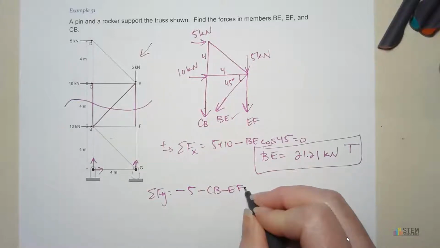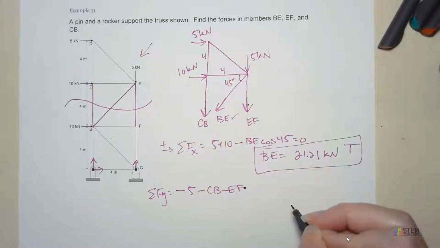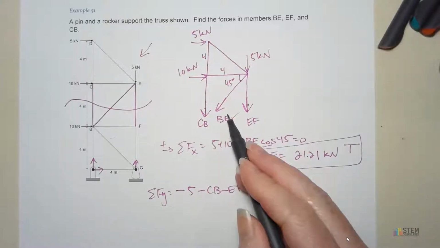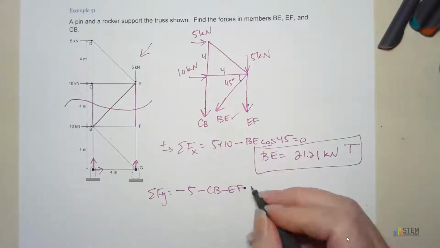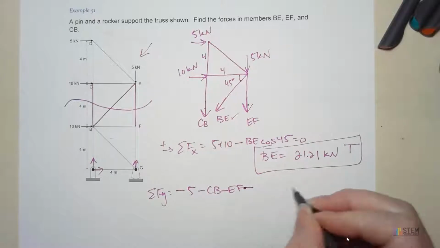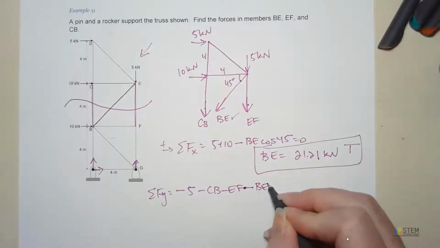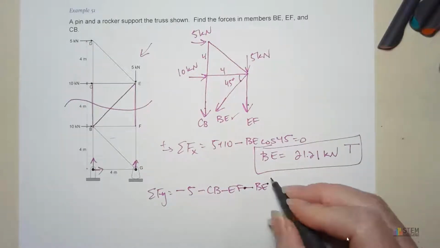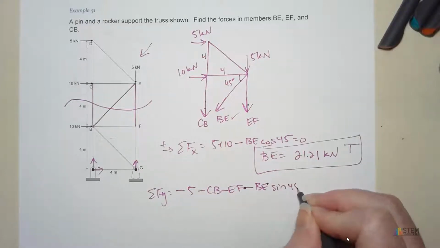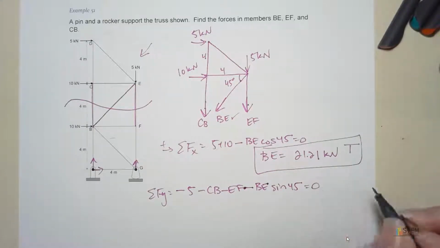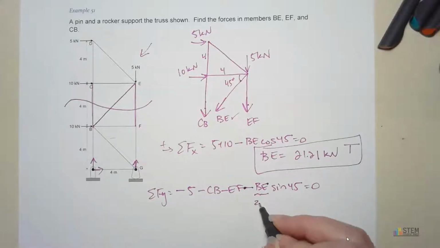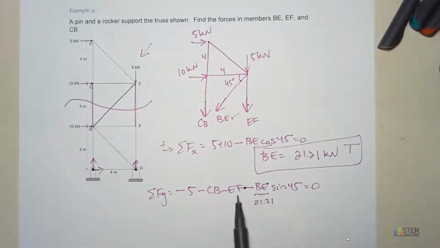And do we need anything else? What about this one? We got this one too, right? It has a y component. So this one we're going to have negative BE, and then that's sine 45. That equals 0. Now we already know this value. It's positive 21.21, so you can plug that value in. We still have two unknowns here.